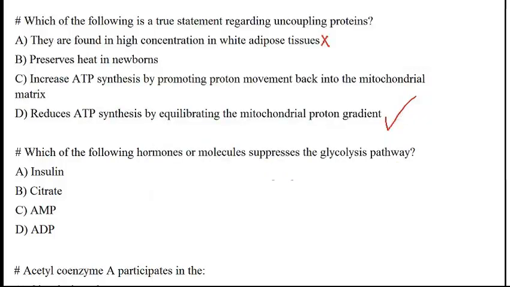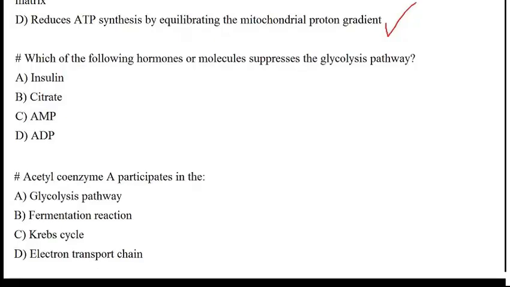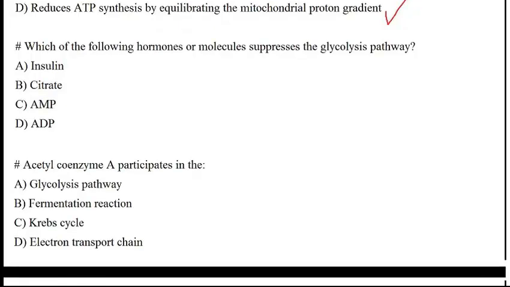Alright, next question. Which of the following hormones or molecules suppresses the glycolysis pathway? Again, I didn't want you to memorize all these allosteric effectors. I still don't want you to memorize them. I think you can work it through. So glycolysis: what is the end product of glycolysis?